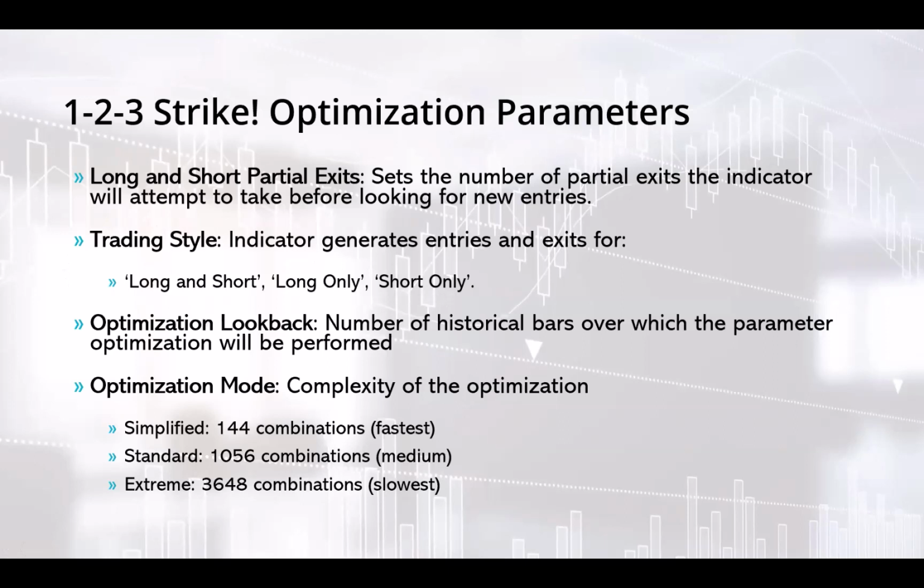All right. The other parameters, the optimization parameters, affect how the optimization is performed. And it's actually quite important to understand this. So the first one is called optimization lookback. These are the number of historical bars over which the optimization will be performed. By default, it's set to 1000. This means the last 1000 bars on the chart are used for the optimization.